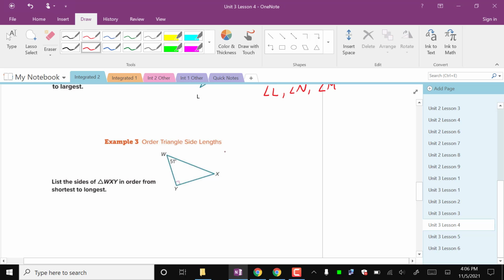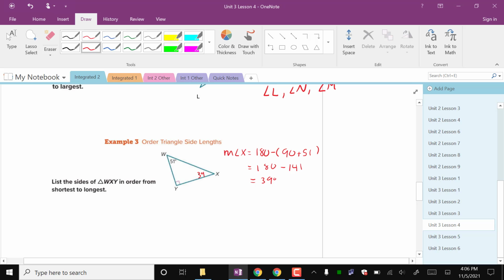So the measure of angle X equals 180 minus 90 plus 51. So this is going to be 180 minus 141, which gives you 39 degrees.